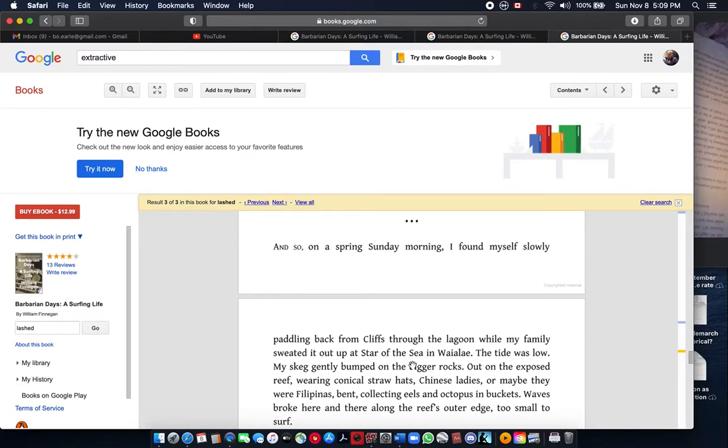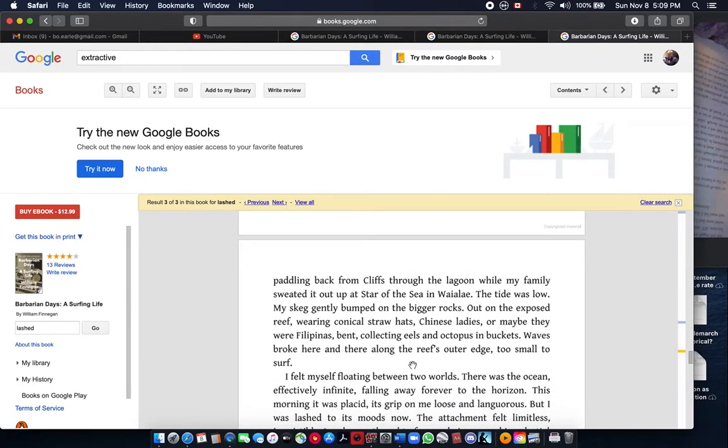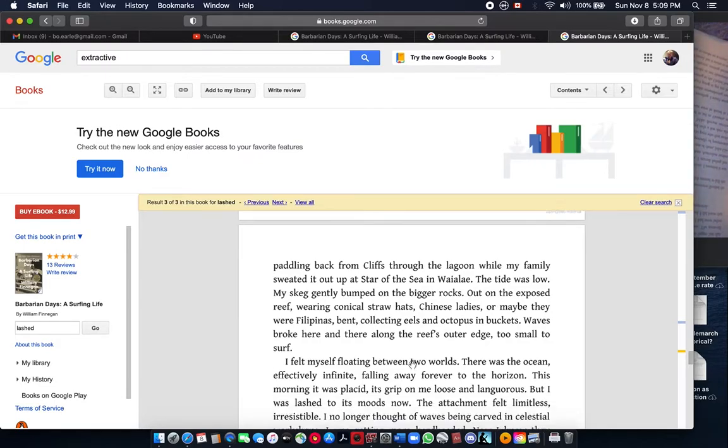The tide was low, my skeg gently bumped on the bigger rocks. Out on the exposed reef, wearing conical straw hats, Chinese ladies, or maybe they were Filipinas, bent, collecting eels and octopus in buckets. Waves broke here and there along the reef's outer edge, too small to surf."